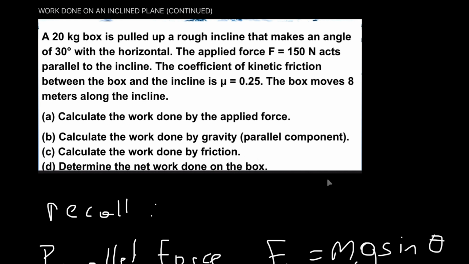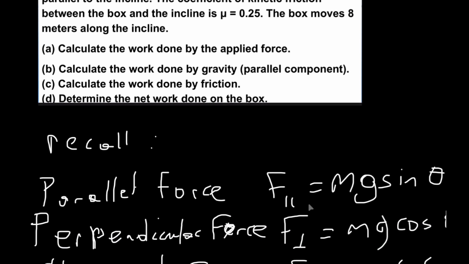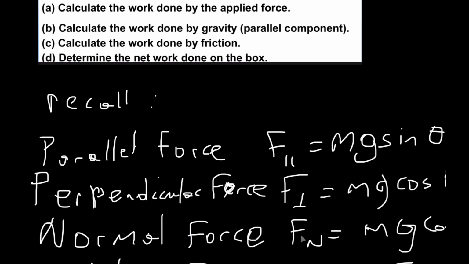Now, before we begin, recall the following. The parallel force F parallel is equal to mg sine theta. The perpendicular force F perpendicular is equal to mg cos theta. The normal force F sub N is equal to mg cos theta.